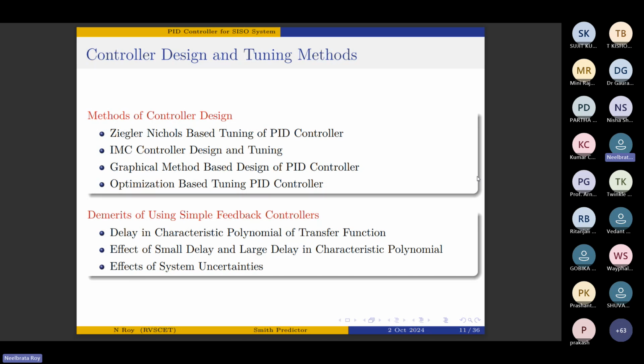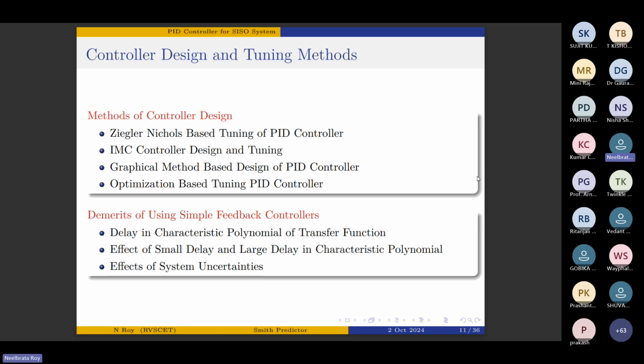This happens when the delay is very high. A small delay doesn't affect this, but a high amount of delay does. The third point is that if there are modeling errors in the plant, then the controller will not be able to give the desired response.